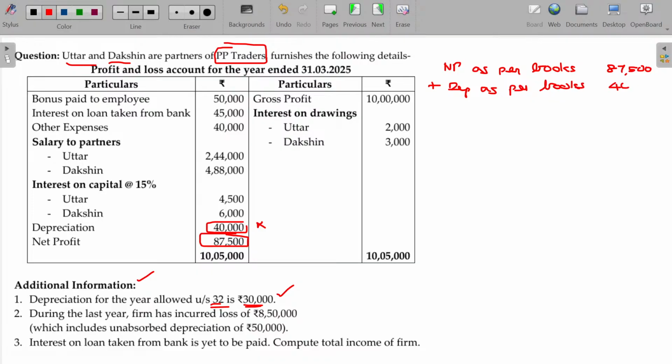And what depreciation can be subtracted? You can subtract depreciation as per section 32, 30,000. This should be added, this should be subtracted. Clear?